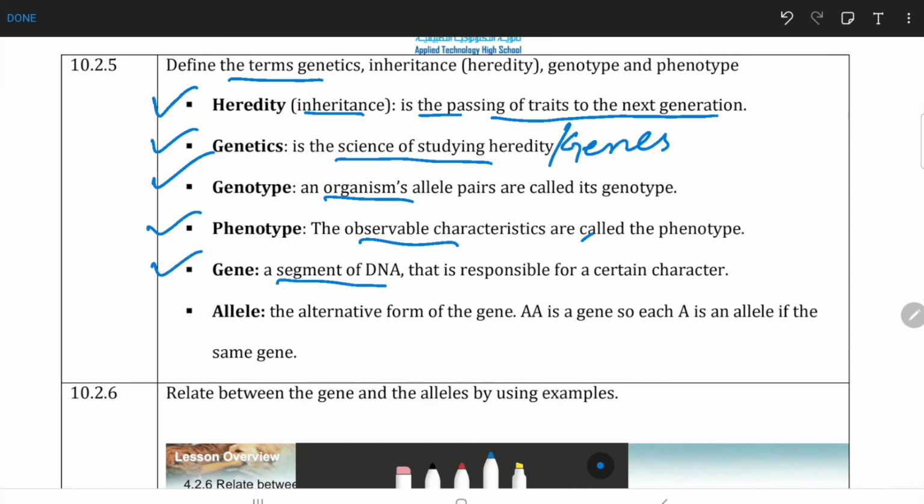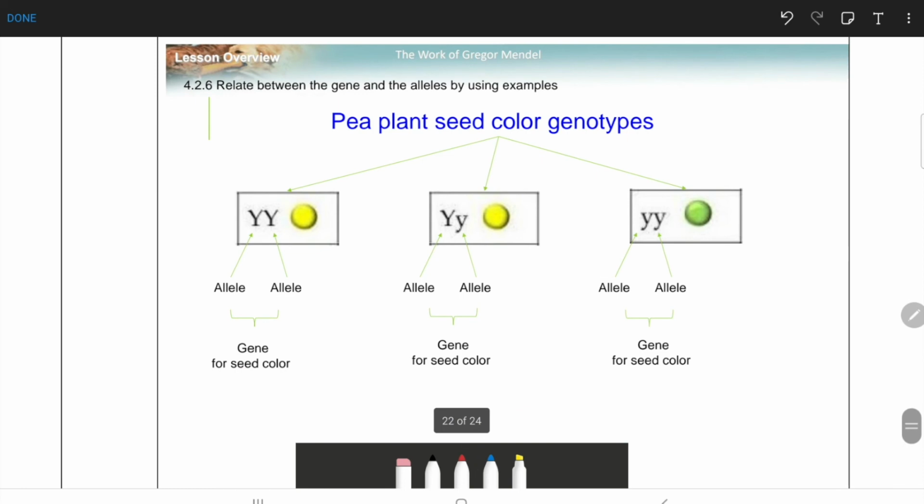Gene is the segment of the DNA. It is the smallest segment of the DNA that is responsible to produce a trait. Alleles are the alternative forms of the gene. So basically, in the figure below, you can see that these are different forms of alleles. So like the pea plant has to self-fertilize or cross-fertilize.